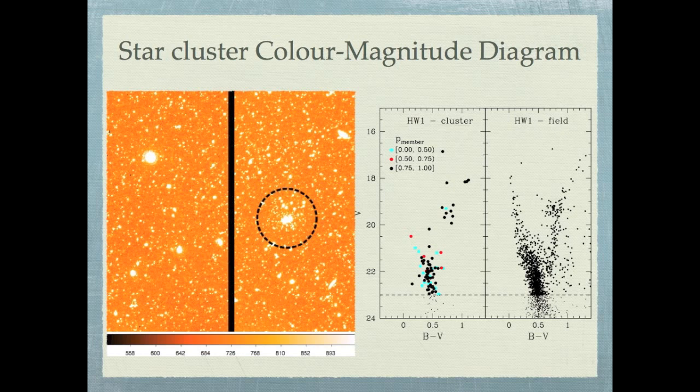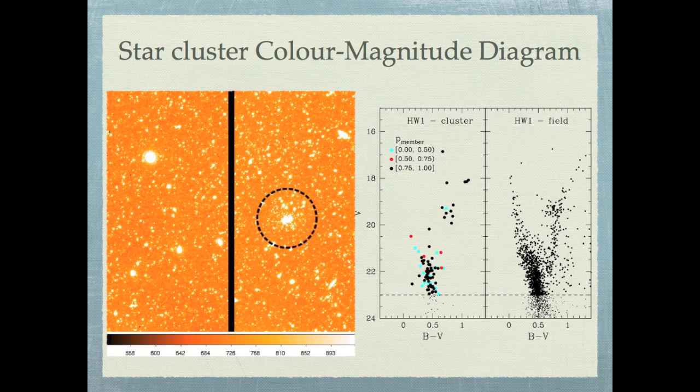But I show here that the field of view of SOAR is very useful for this kind of observation, because you have the region of the star cluster, and you have a correlated field that you can use as a test. As I showed in the right panel, there is a CMD, the color magnitude diagram, of the region of the cluster, in the circle here, and outside another region called the field color magnitude diagram.